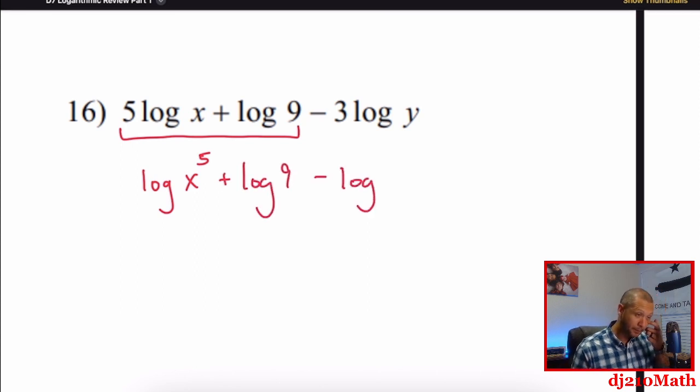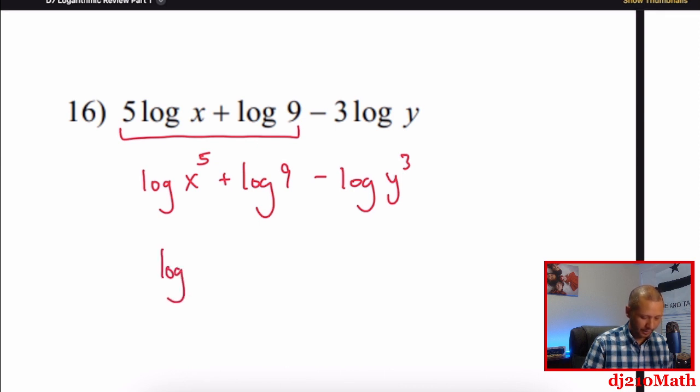So let's do the exponent parts first, and then log x to the 5th times 9. I can put the 9 in front. It's multiplication, so it doesn't truly matter which way it goes. And then log minus log y cubed.